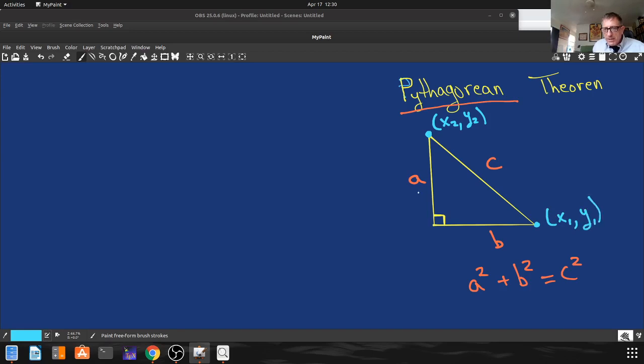How do I find the distance of A? Well, I just subtract the y1 value from the y2 value. Since this is a horizontal line, the coordinate right here will be the same y. We'll have a different x, but I don't care.